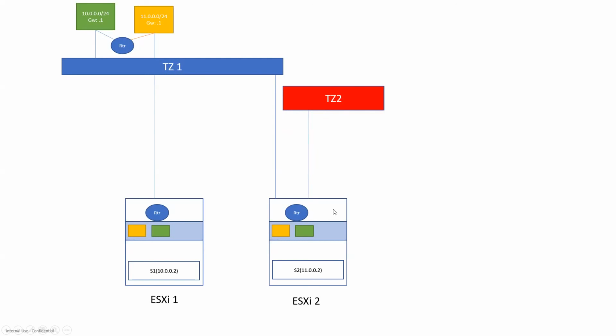Then the port group corresponding to that logical segment will be present only in ESXi host 2, right? So there will be no communication, or no port group or VM that sits in ESXi 1 that can communicate with transport zone 2. So that's how you map the different constructs of NSX-T.